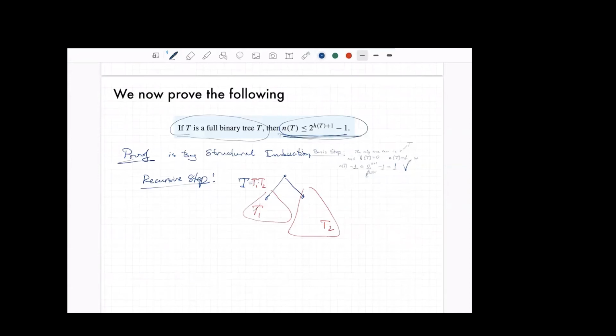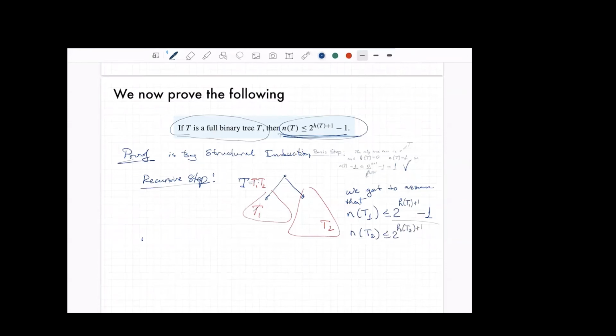So we get to assume that the number of nodes in T1 is less than or equal to 2 to the height of T1 plus 1, minus 1, whatever the height of T1 is. I get to assume that the number of nodes there is at most this quantity, and the number of nodes in T2 is at most that quantity.